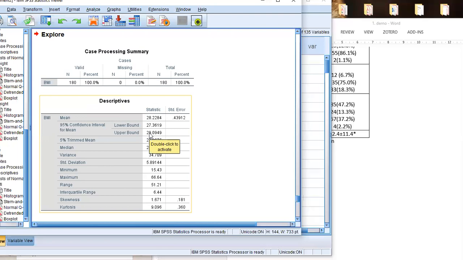What's the normal BMI? For the Asian population it is below 23. So does 23 fall inside this interval? No. So straight away we can say the 95% CI of 27 to 29 indicates that people are quite obese, right?